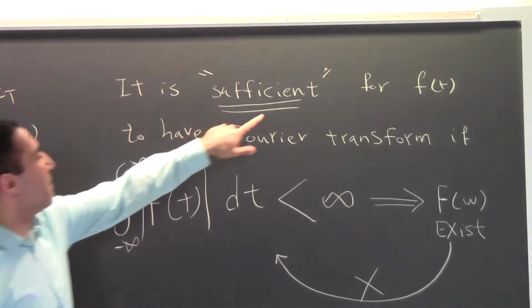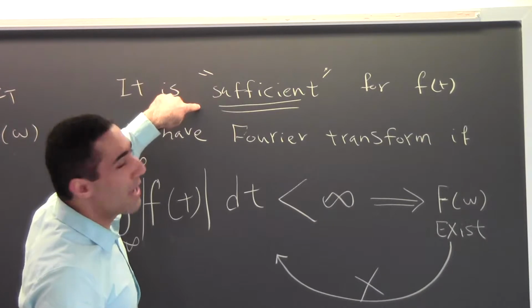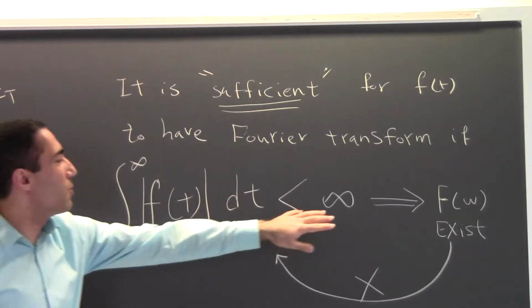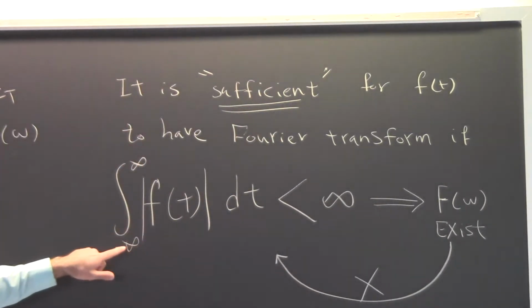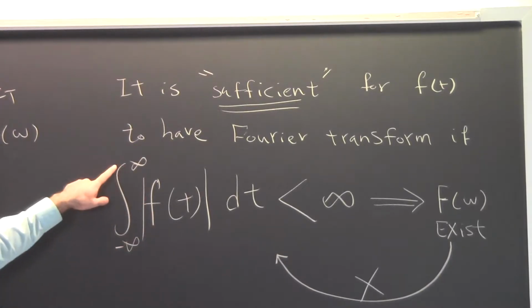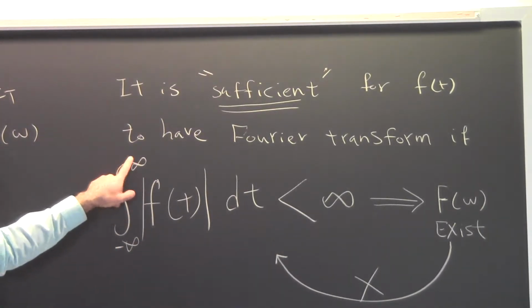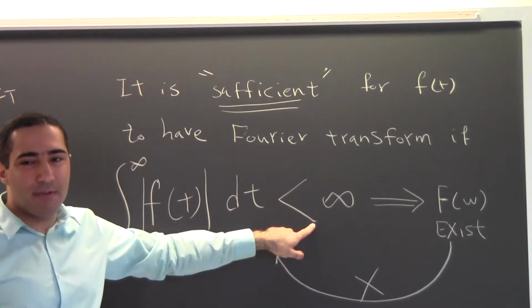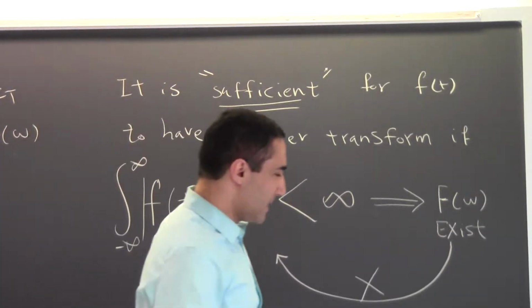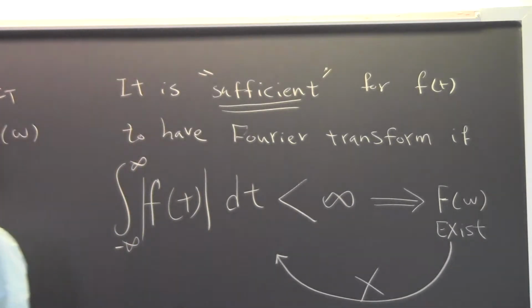So be careful about the words you hear. If it has enough and sufficient, it means that you could go backward. But here, if you integrate from minus infinity to plus infinity, and the value is less than infinity, you can close your eyes and say F(omega) exists.